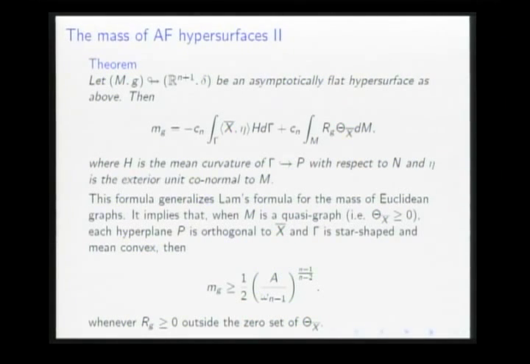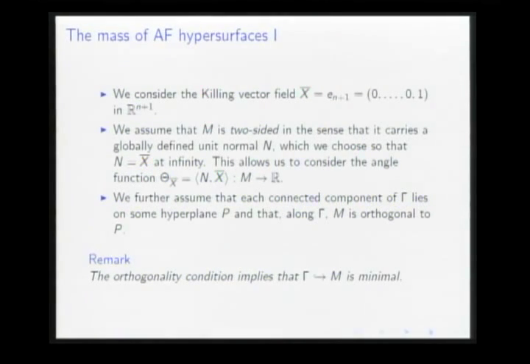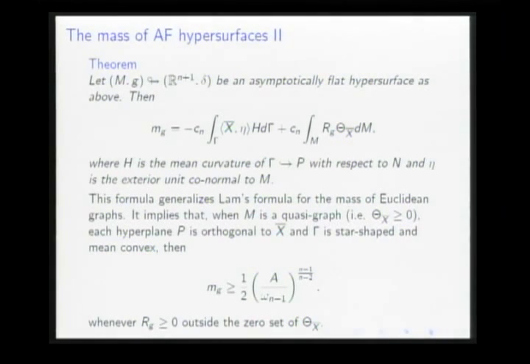But you still need to be a graph to get some kind of Penrose inequality because you have this angle here. This is the angle between the normal to the hypersurface and the vector field E_{n+1}, so you need that to be non-negative.